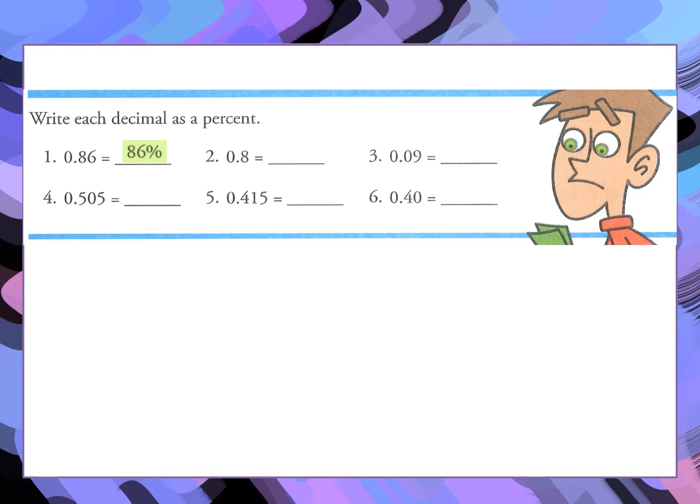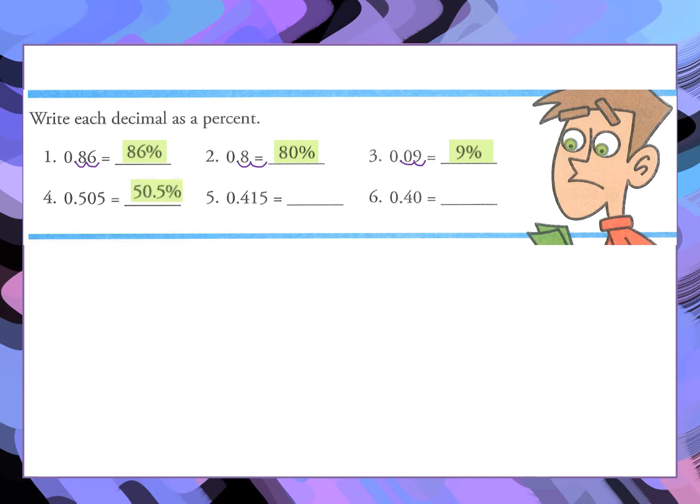You simply move the decimal point over 2 places to the right. For question number 2, you should have gotten 80%. You move the decimal point over 2 places to the right. For question number 3, you should have gotten 9% after you move the decimal place 2 places to the right.